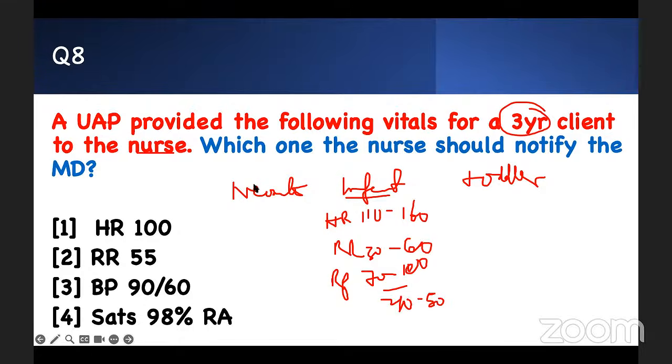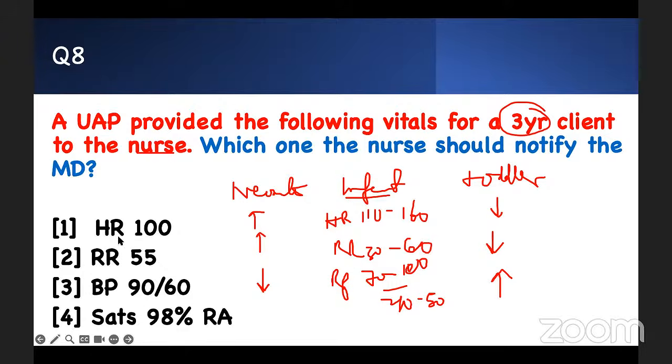For the neonate, the heart rate has to be higher, the respiratory rate higher, and the blood pressure lower. For the toddler, the heart rate has to be lower, respiratory rate lower, and blood pressure higher. This is my strategy in answering this neonate, infant, toddler question.